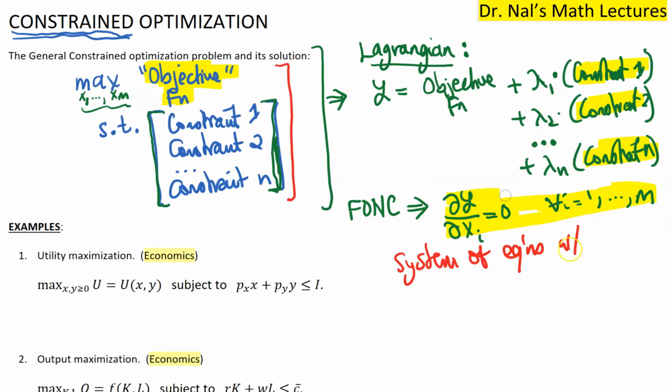N equations here, the constraints basically, and then m equations here, each one set equal to 0. So m plus n equations. That's it. The rest of the problem is to solve a system of equations, which you have done since, I guess, 6th or 7th grade in middle school.